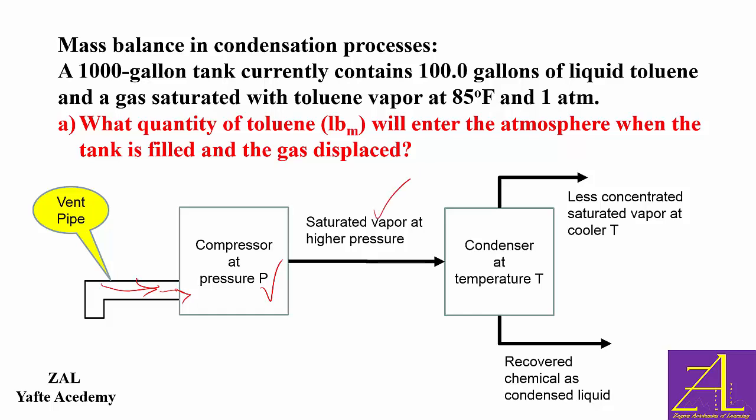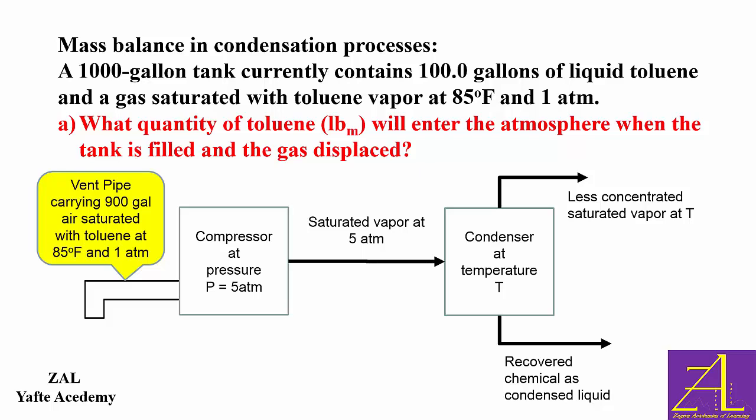So here it is saturated, however it may have some liquid in that stream with it as well. In the cooler, the temperature is further reduced, causing more liquid to condense. The less concentrated but still saturated vapor exits the cooler and is allowed to escape to the outside according to environmental standards and regulations.